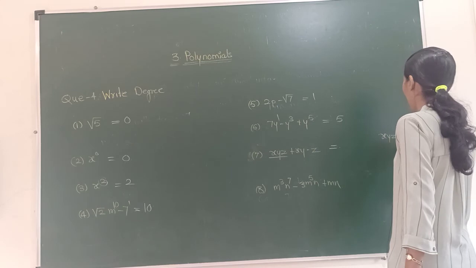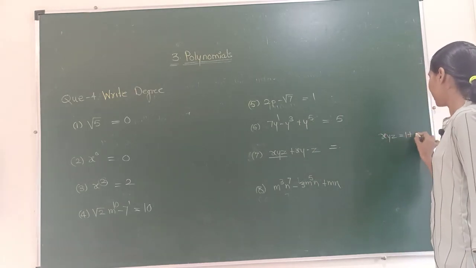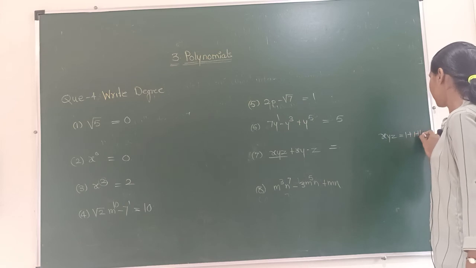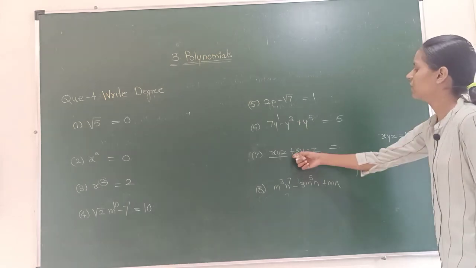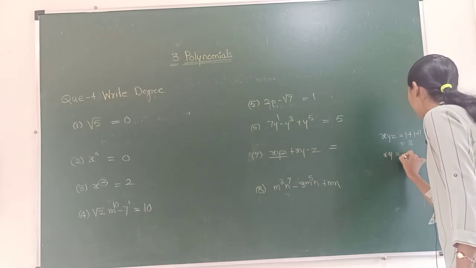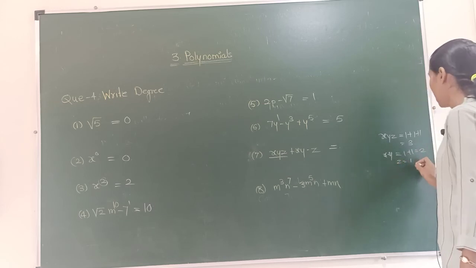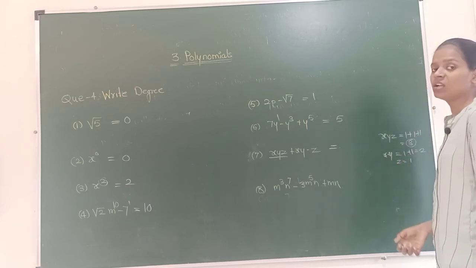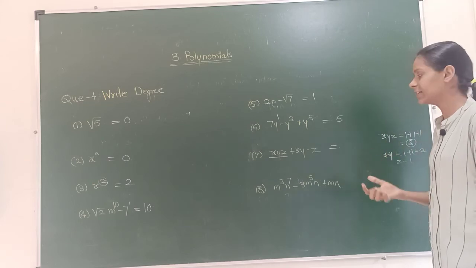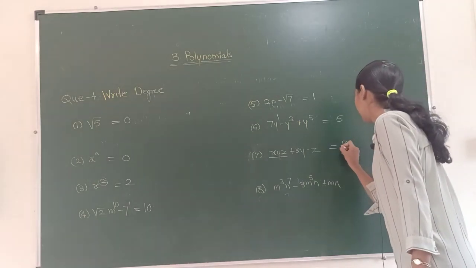For x nothing means 1, for y nothing means 1, and for z nothing means 1. 1 plus 1 plus 1 is 3. We will count for these two, x and y: 1 plus 1 is equal to 2, and z is 1. Now the greatest addition will be the degree. So the greatest addition is 3, therefore 3 is the degree.